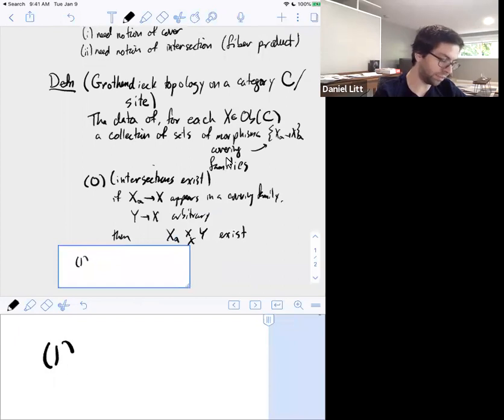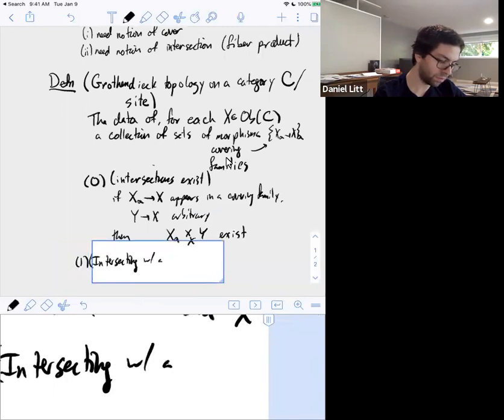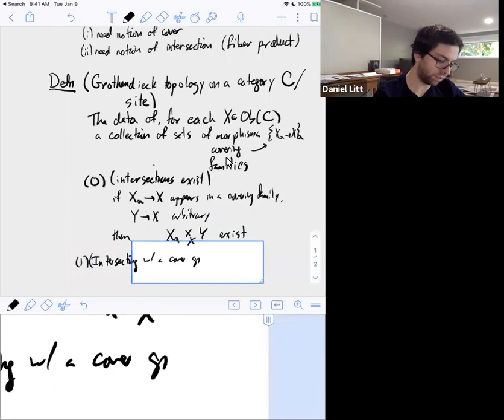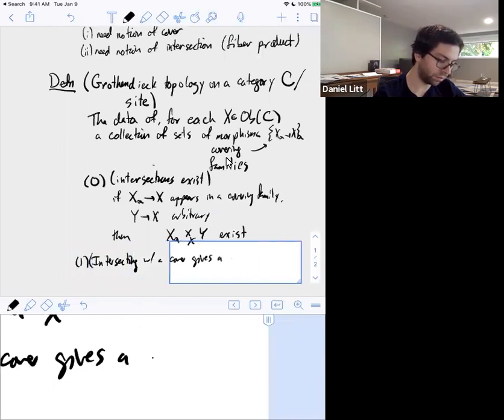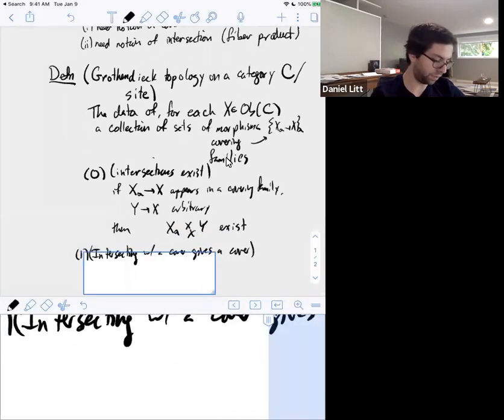Okay, the next axiom is that if you intersect with a cover, it gives a cover of the intersection. Here's the rigorous statement of that.